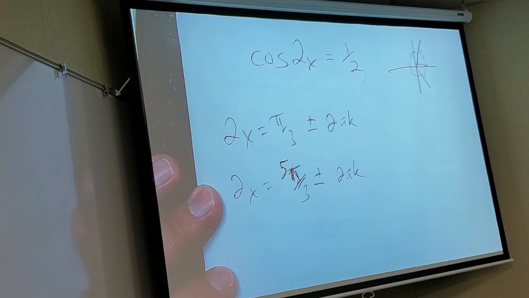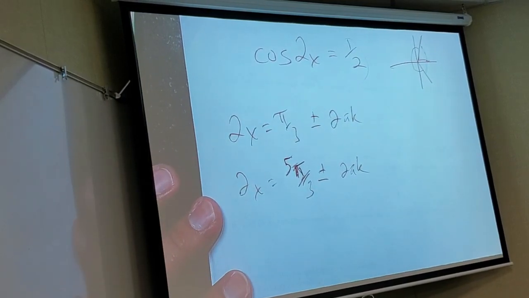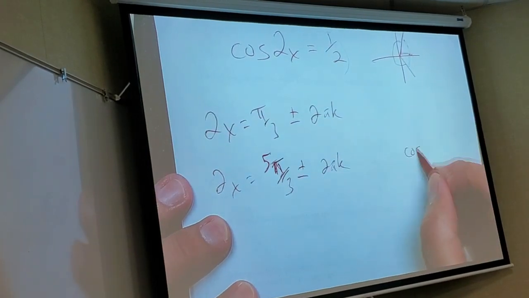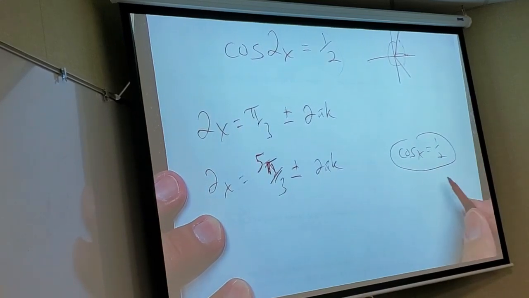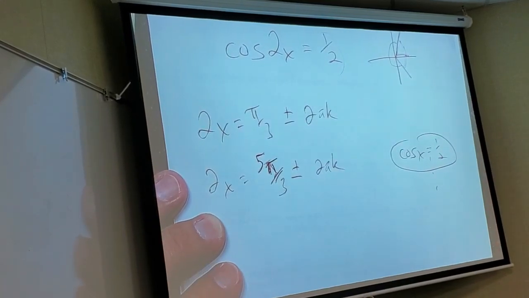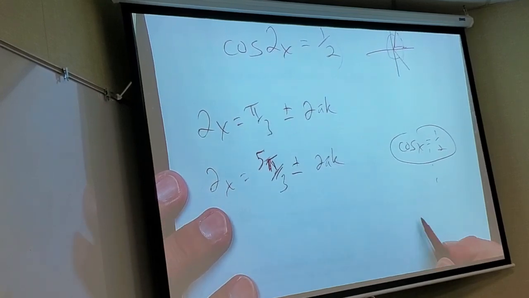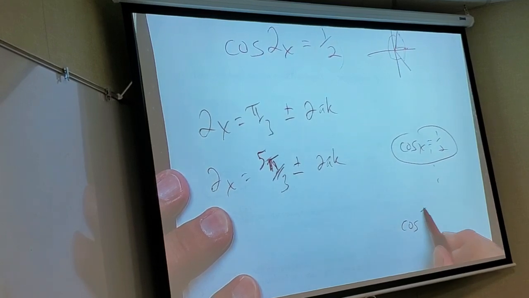And then what's the actual final step? Divide by 2, because I want to know what x is. So some people on your homework, you're saying this, and then you're circling that or something. No. You're not done, right? Do you see what I'm saying? Also, if I had cosine of pi over 3, what's that?